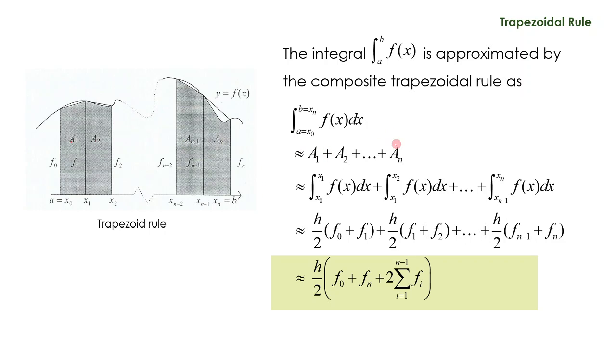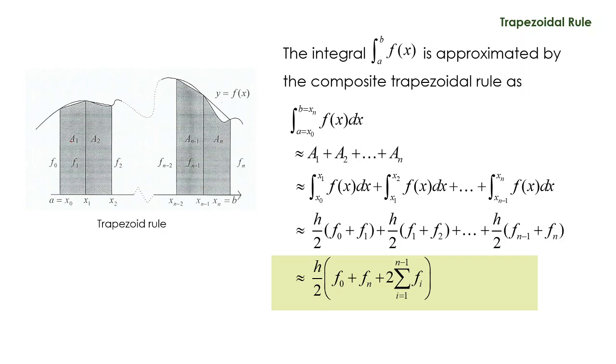We sum them together and get the total area, so the integration value. However, if we calculate each area one by one, there will be so many, a lot of areas to calculate. It will be more complex and mistakes might happen.